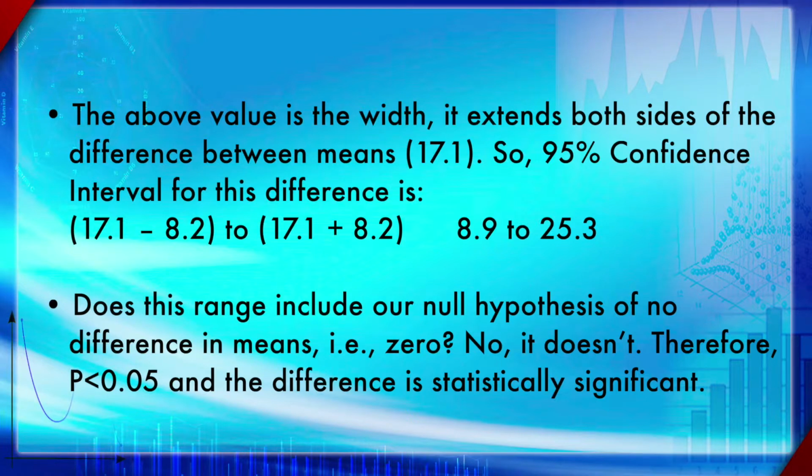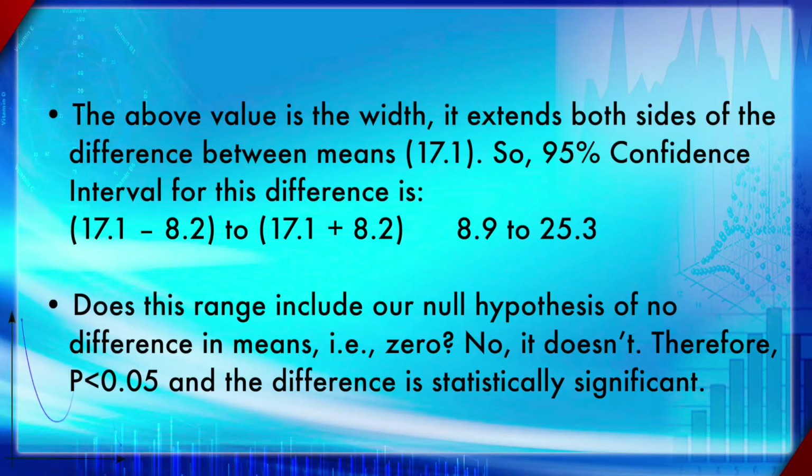Only a confidence interval with a minus and a plus, like -5 to +5 for example, includes 0. But in this case there is no 0 in it. So what does that mean? That means the p value must be less than 0.05 and the results are statistically significant.